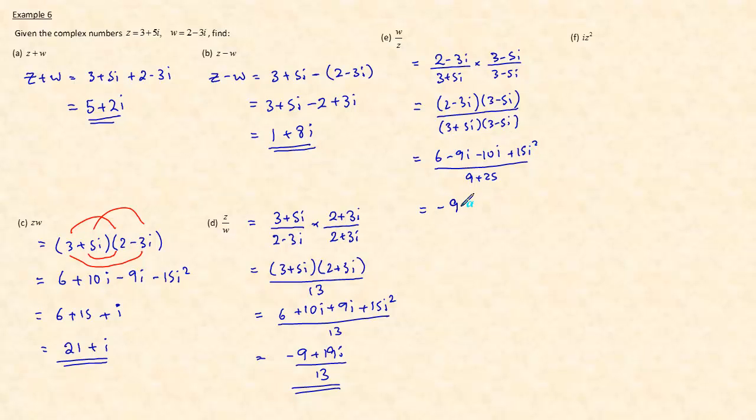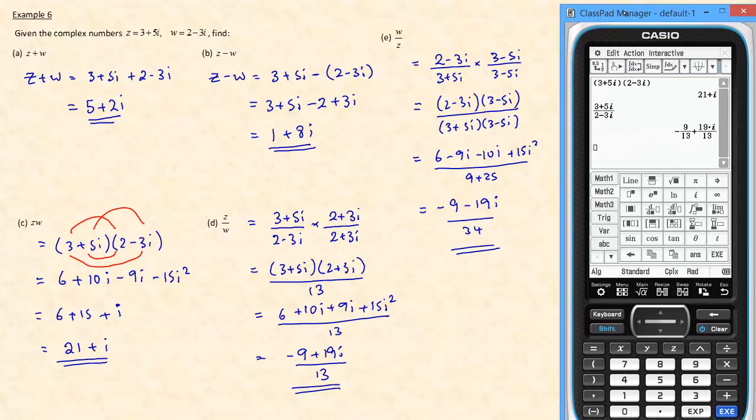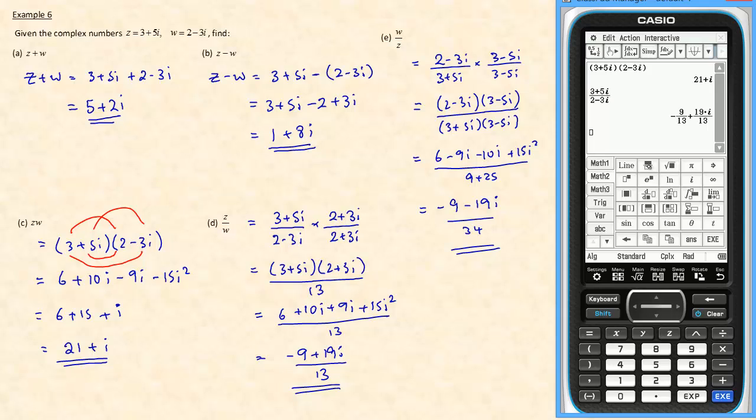So that's negative 9 take away 19i over 34. And let's just do that one on the calculator. So that's going to be 2 minus 3i over 3 plus 5i, and that's negative 9 over 34, take away 19i over 34.